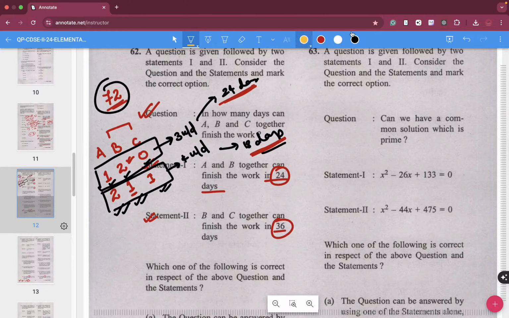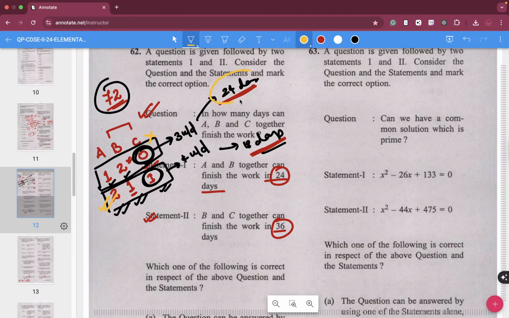But you can't assume whether C does the work or not. We can't arbitrarily say, I will take this case and not that case. That would be an arbitrary decision, and you cannot take that decision.